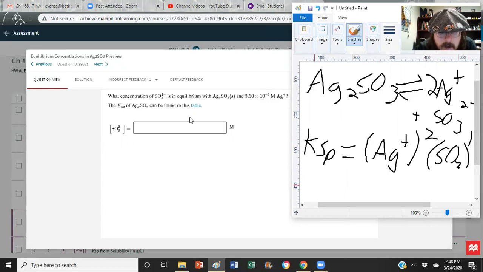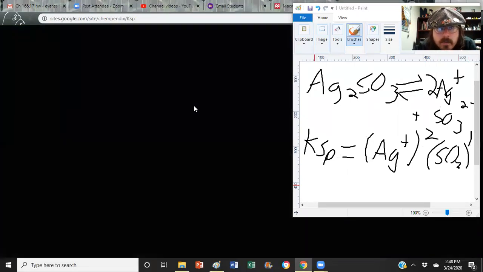Now, with that in mind, if you know the KSP, which you can find on that table, and you know the concentration of silver, you can find the concentration of sulfite. The KSP, I'm going to click on there and look at this table real quick.